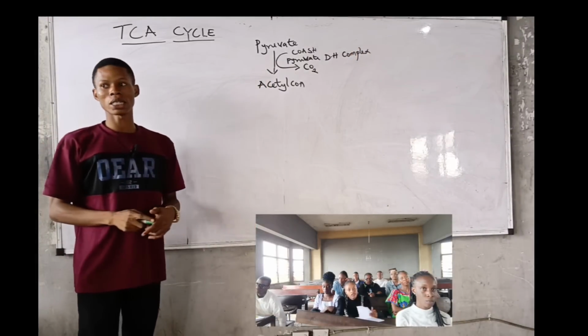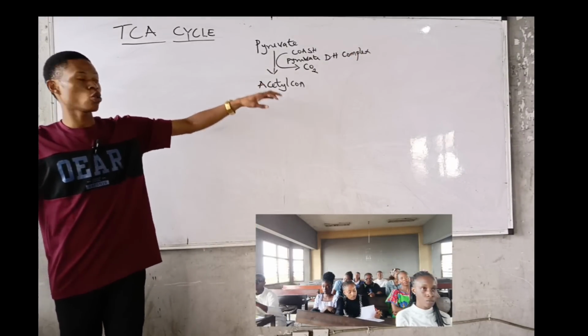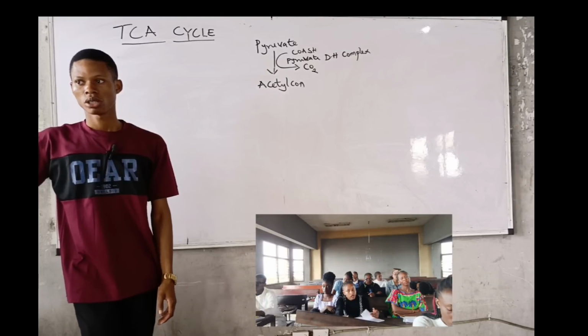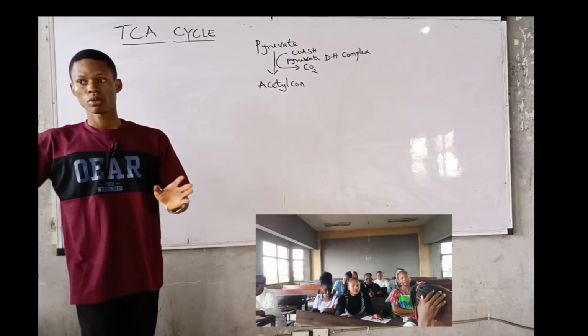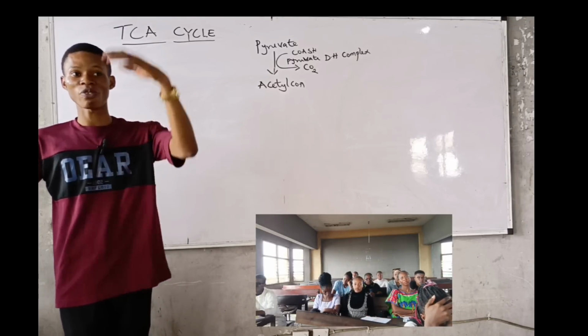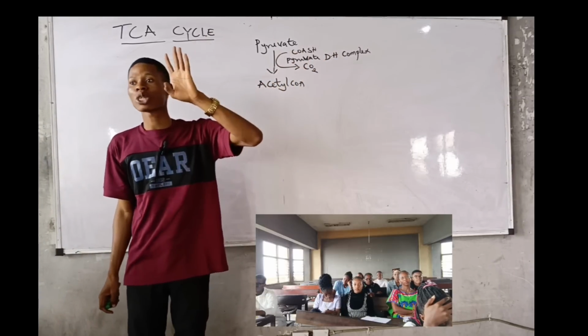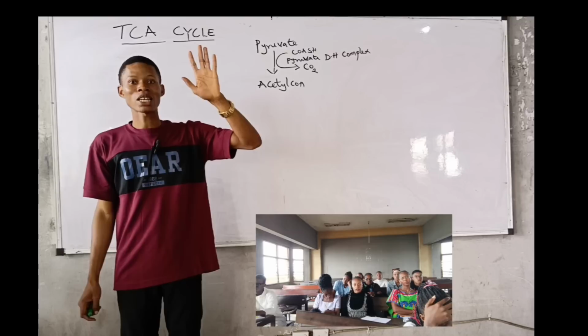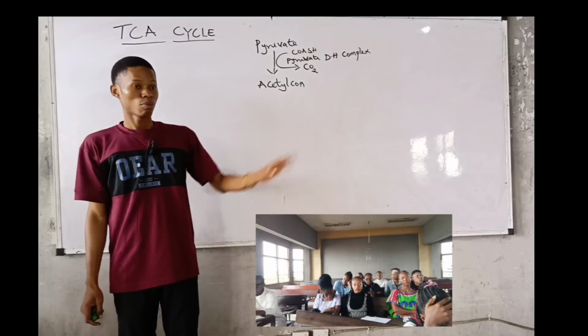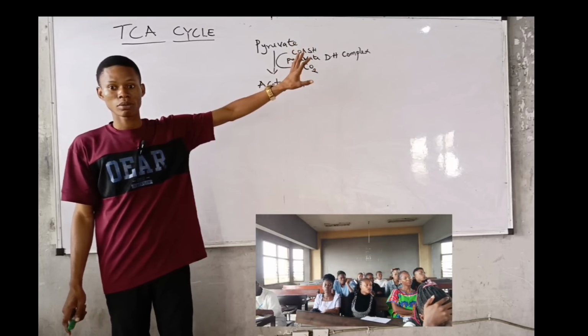As we go on, we'll see that this pyruvate to acetyl CoA is not a one-step reaction. It's beyond the scope of this course. You do it in your final year. This pyruvate dehydrogenase complex is actually 3 enzymes in one, with I think 5 coenzymes. But for now, let's keep it simple as it is.